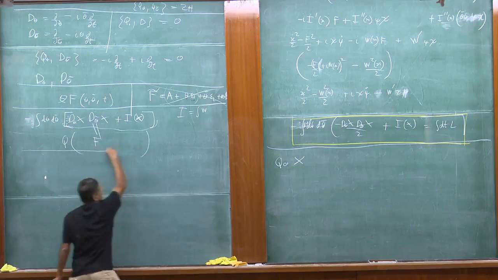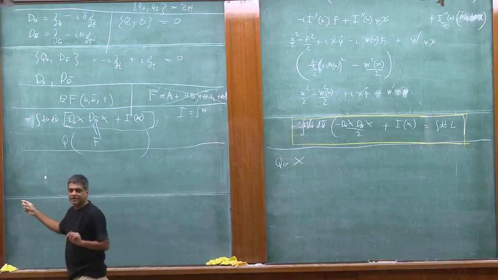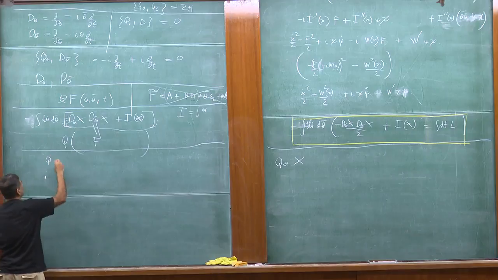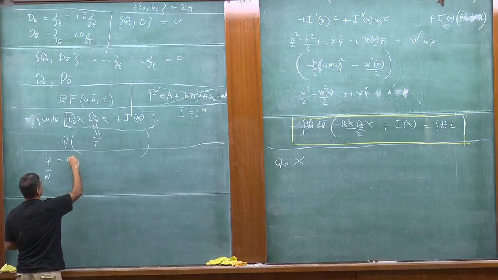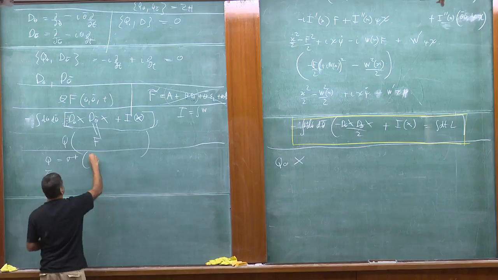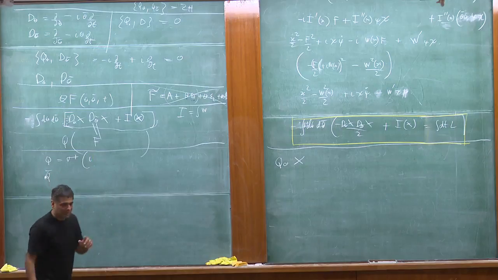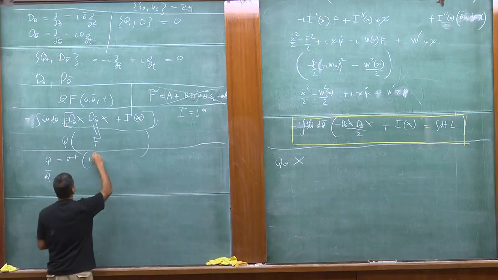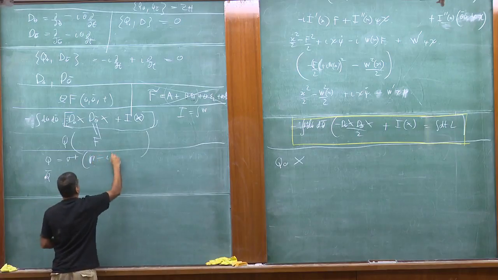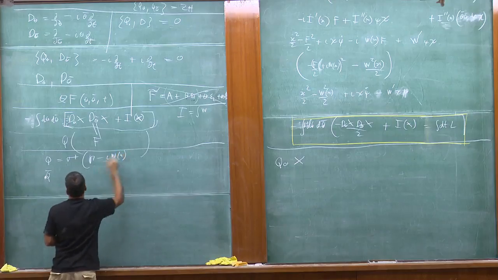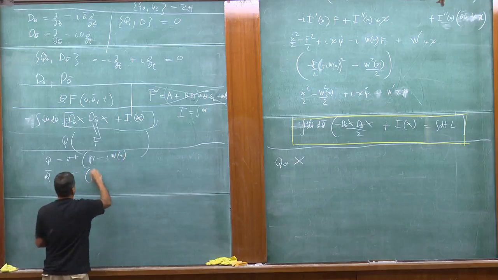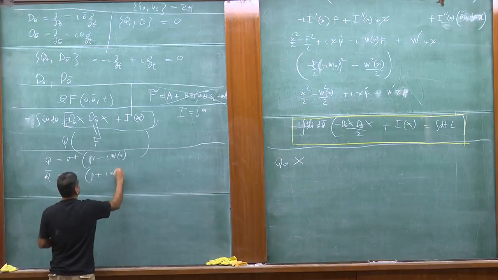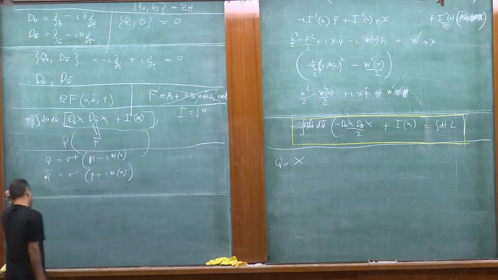We had our q's. If somebody has their notes, they can help me with the signs. But we had our q and q bar. If I remember right, this was sigma plus or sigma minus? Sigma plus times, somebody help me or I will have to. Q was sigma plus times P minus iW'(x), and this was equal to sigma minus times P plus iW'(x).